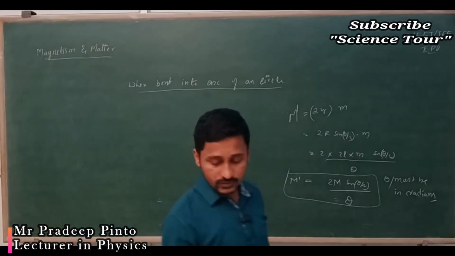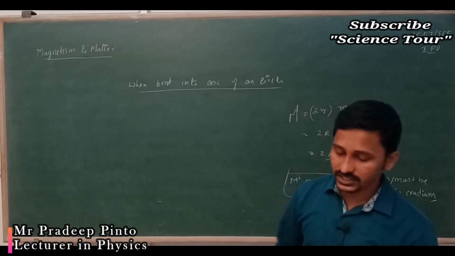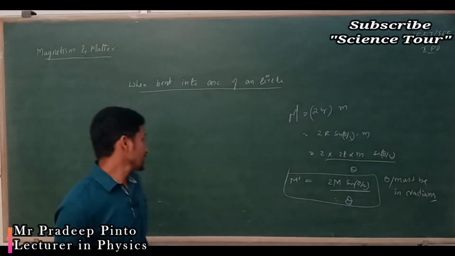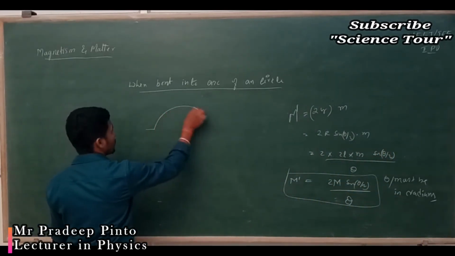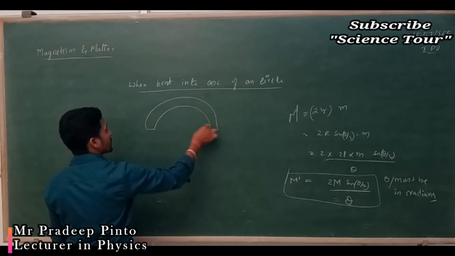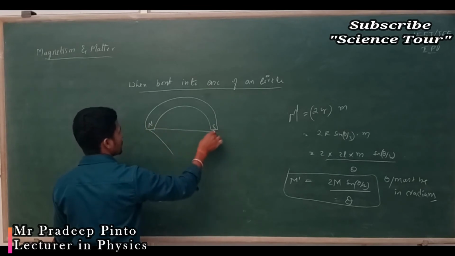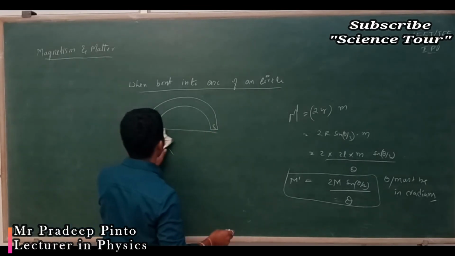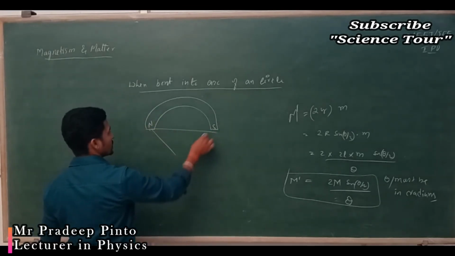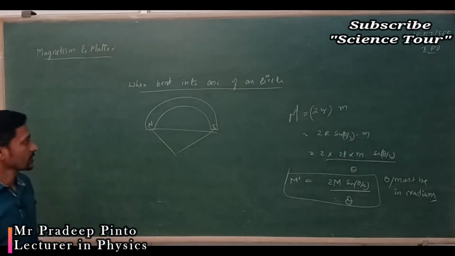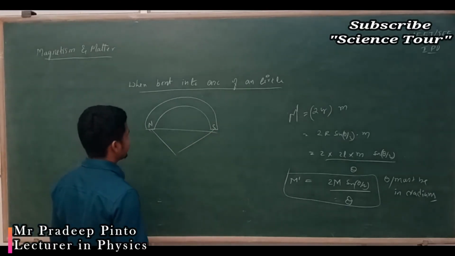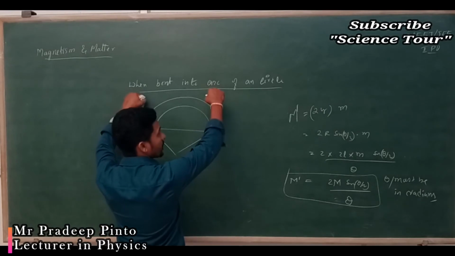Now one more case I can say: theta is equal to pi. Theta equal to pi means north and south I have aligned, this becomes pi. So earlier the angle between them was theta, somewhere.